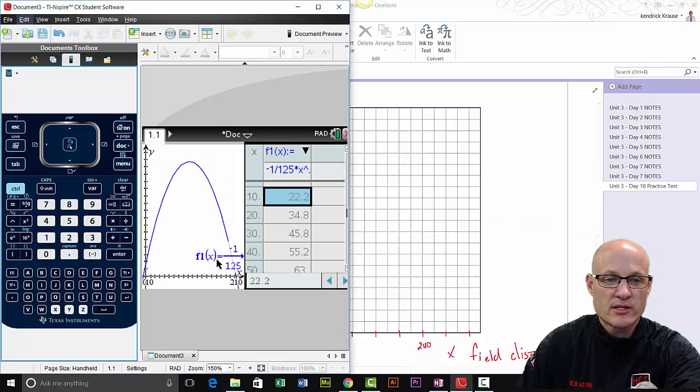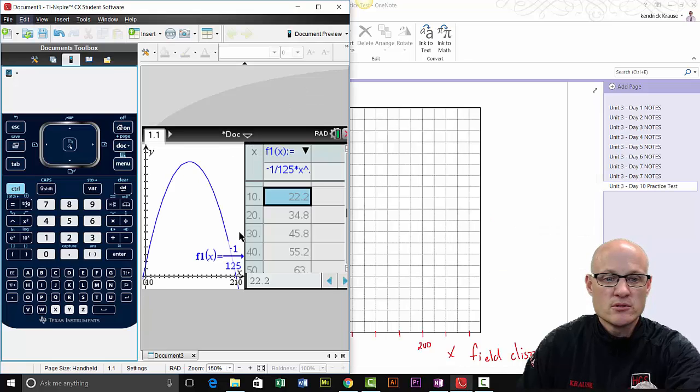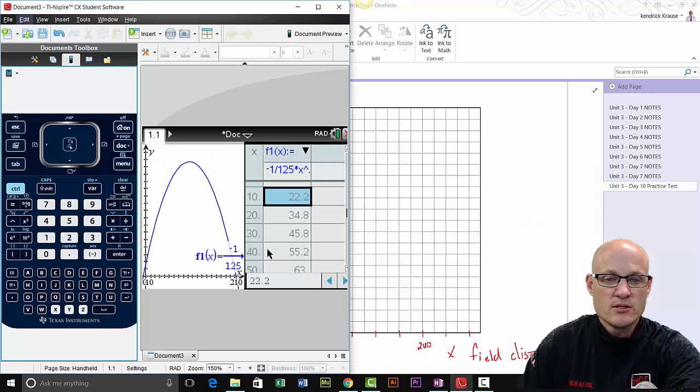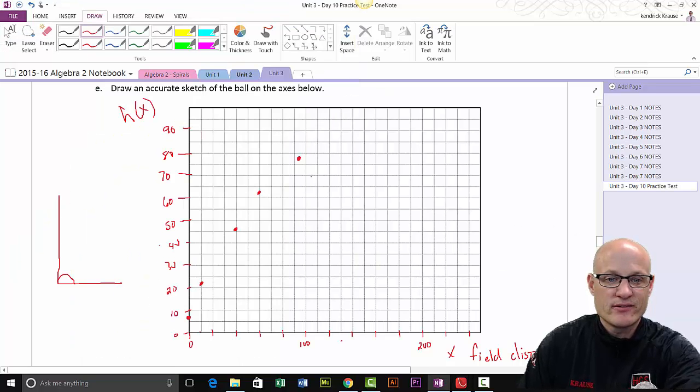I'm not going to do all of them. I might go 30 is 46. 50 is 63. 80 is 77, really close. So it looks like this is the first half of this.